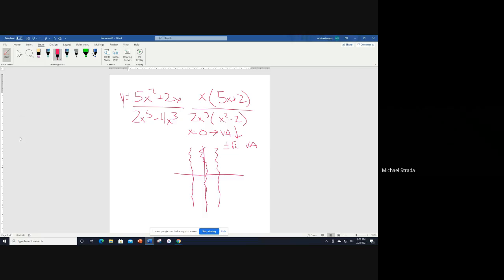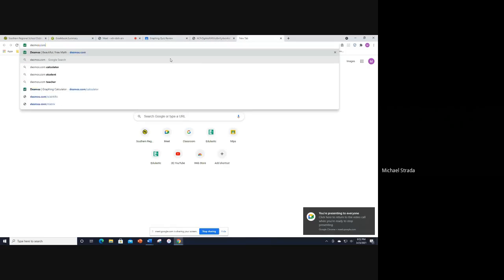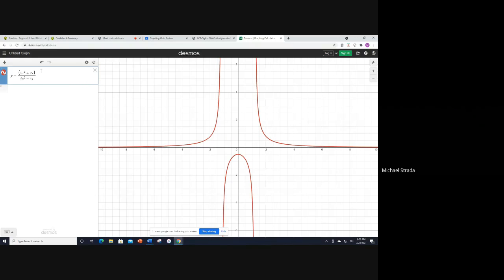So I'm going to go to Desmos to graph that. All right. That way. So Desmos.com. Graphing calculator. y equals 5x cubed plus 2x over 2x to the 5th minus 4x to the 3rd.